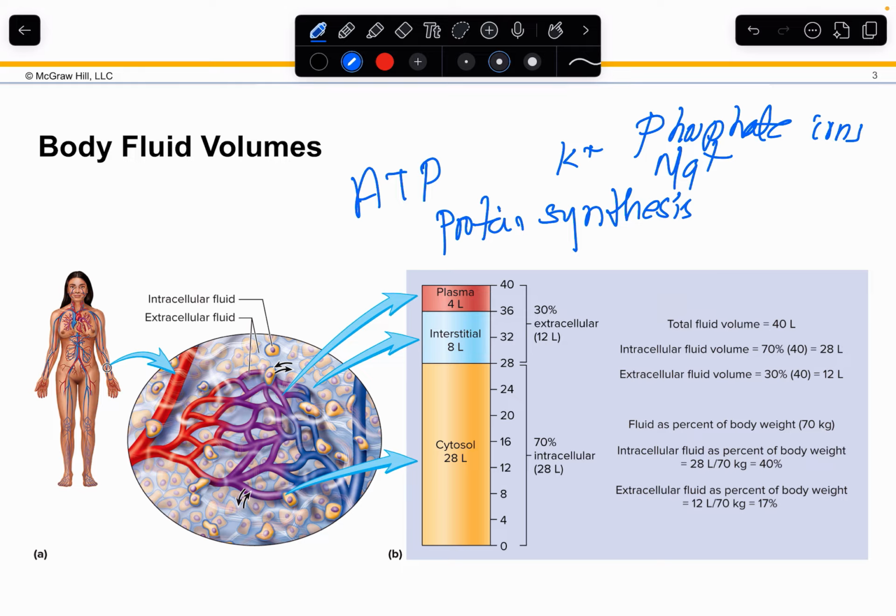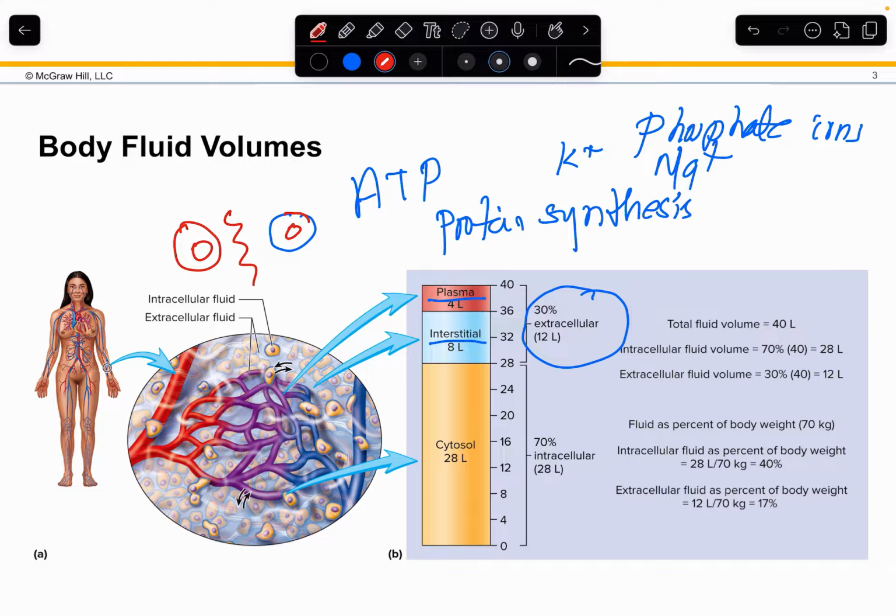When you look at extracellular fluid, it has plasma and interstitial fluid. That means everything outside the cell. If you look at the cell structure, this is another cell, so this is enlarging this portion. In between the cells, what is that?